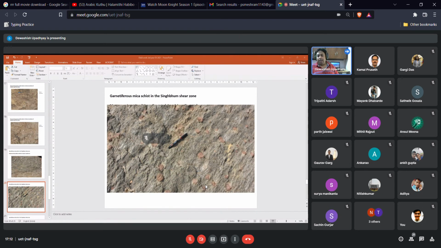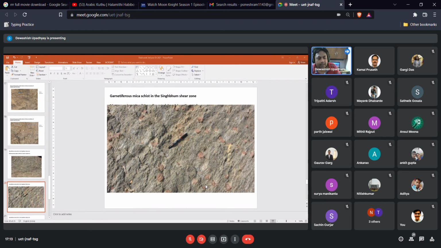These are garnets, and the rest of the rock comprises mostly muscovite, biotite, maybe chlorite, and layers of quartz. So this is a typical garnetiferous mica schist, which is found in the Singhbhum shear zone, close to the contact with the Singhbhum craton.